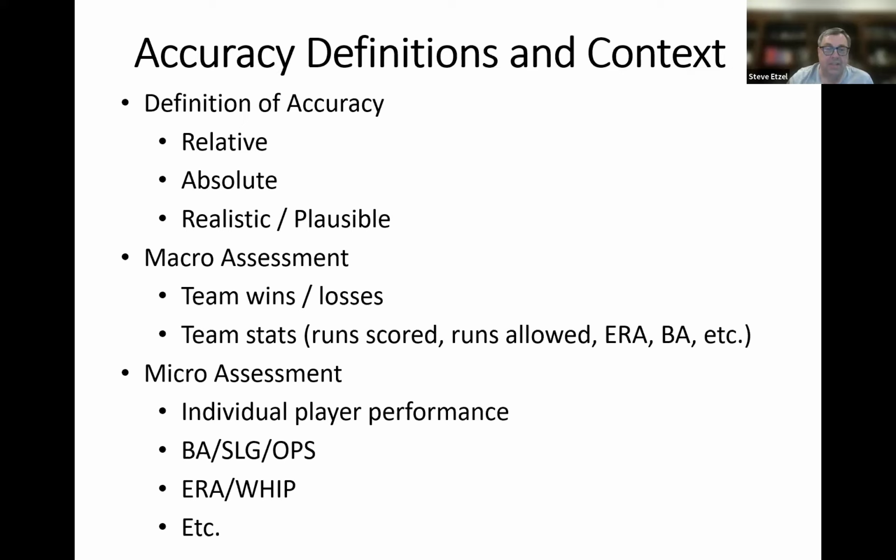Or were the team stats or the league stats for things like runs scored and runs allowed somewhat similar to the original stats? But you can do it on a micro level, and you can look at individual player performances and all kinds of statistics for the individual player and see if they make sense.